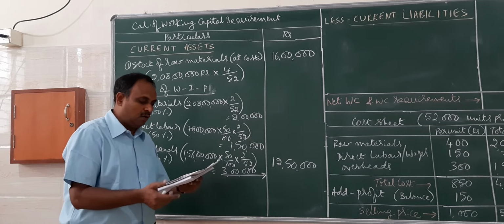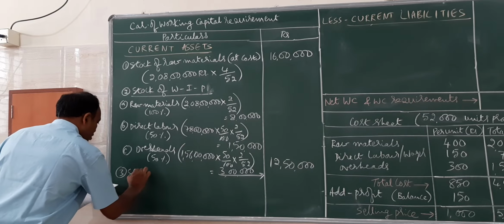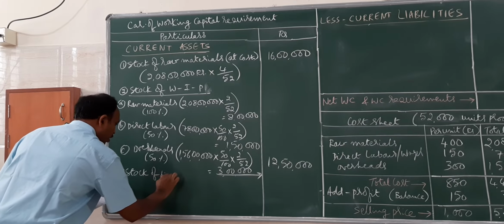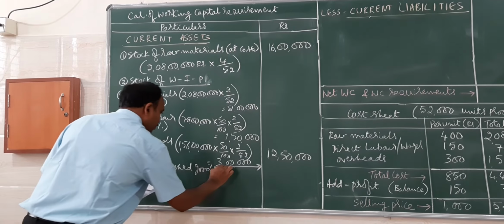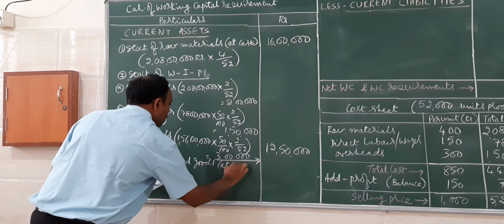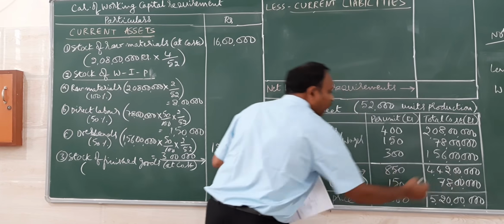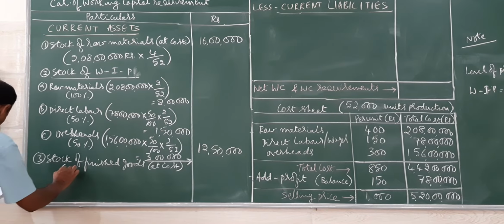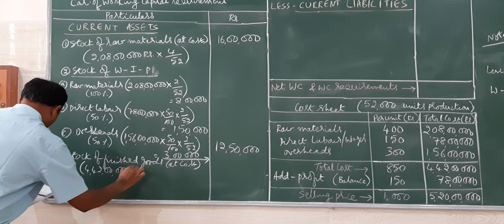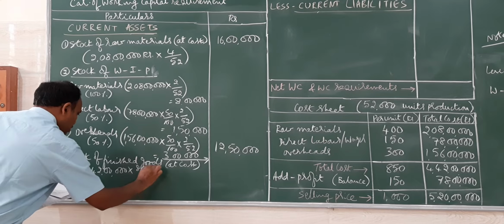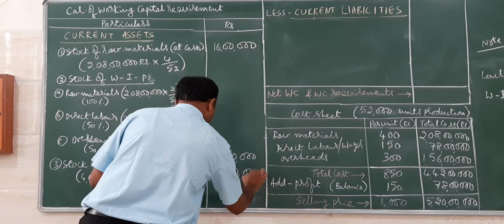Next, we have finished goods in stock. That is also a current asset. Stock of finished goods: we have to take the total cost here, 4 crore 42 lakhs, for 4 weeks, which comes to 34 lakhs.